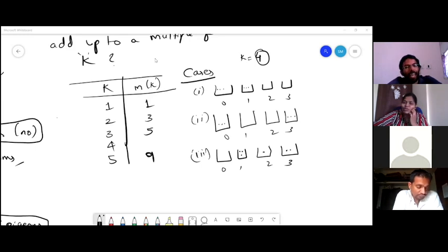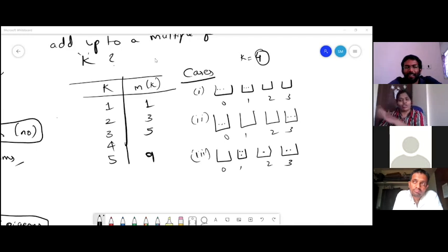If you know m of k for some k, can we easily calculate it for 2k? For 6 we can do it like that. How? For 6, we can pick an even number by having 3 numbers, and we can pick a multiple of 3 by having 5 numbers.